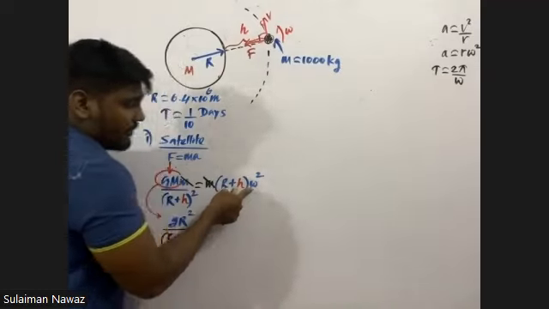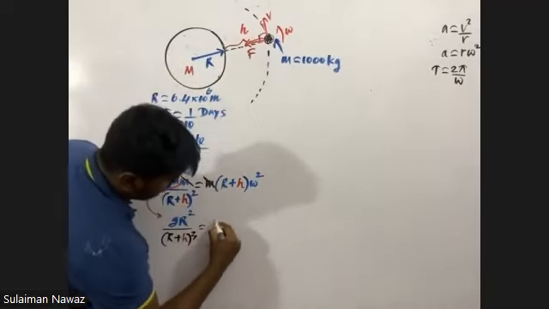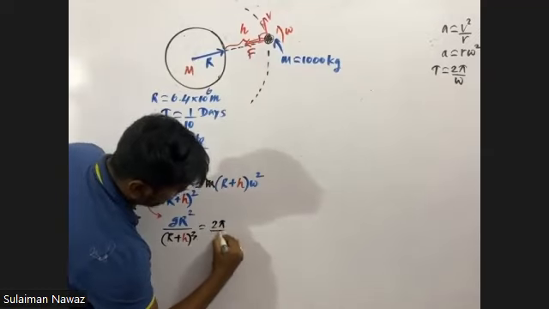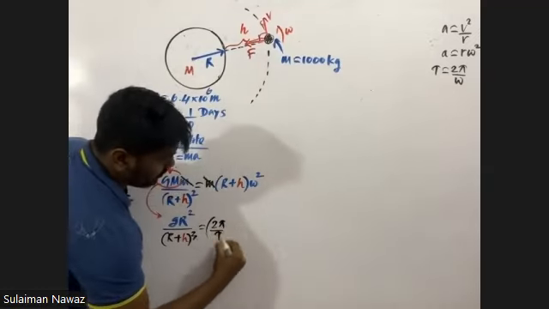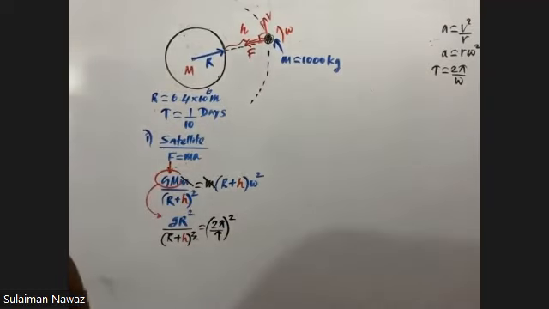So I can write omega squared as (2 pi over capital T) whole squared. Right. Raise your hands up to now. Everything is very clear.